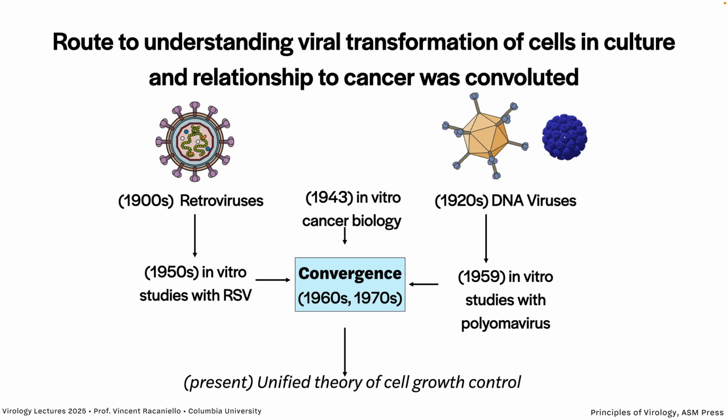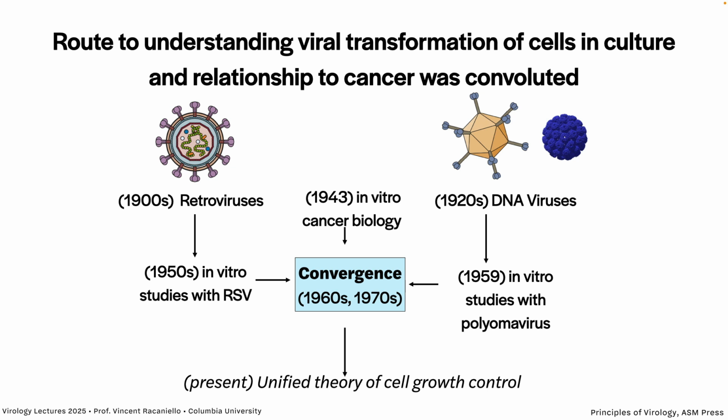So here's the overview of what we're going to talk about today. Our understanding of viral transformation of cells in culture and how that relates to cancer formation. And we're going to do it with RNA and DNA viruses. We're going to use retroviruses as an example. That was begun by Rous. We're going to talk about DNA viruses, the polyomas and SV40s causing transformation of cells, and also people studying in vitro cancer biology.